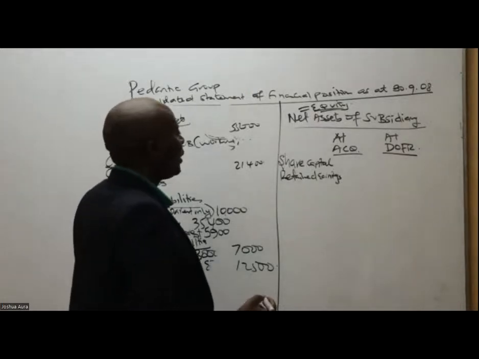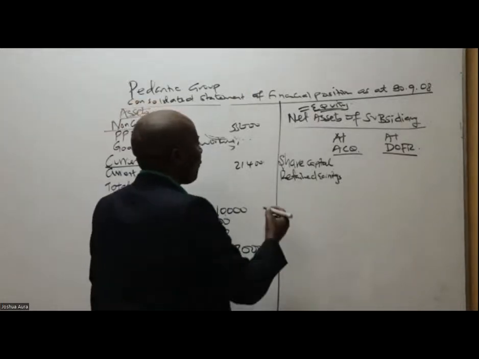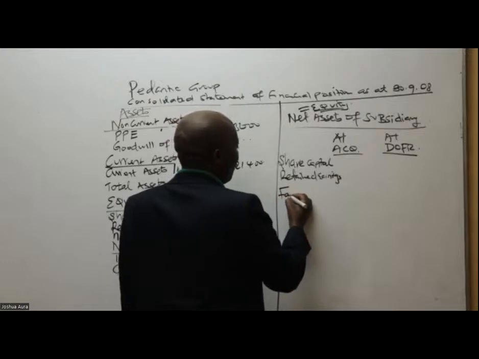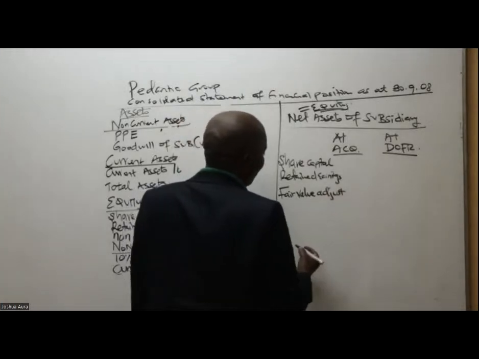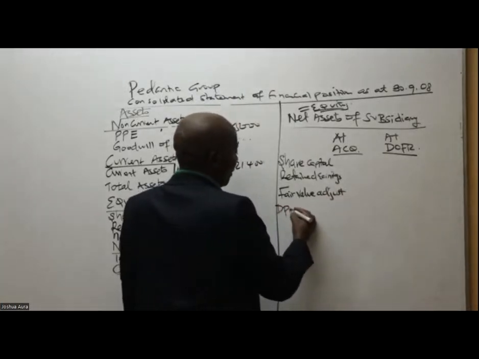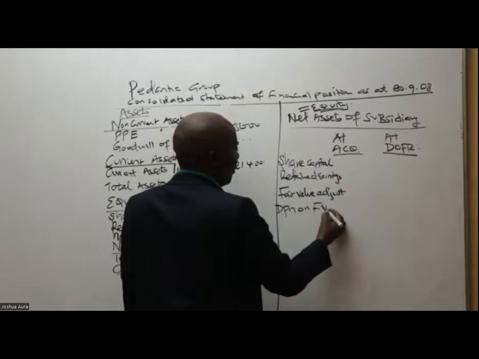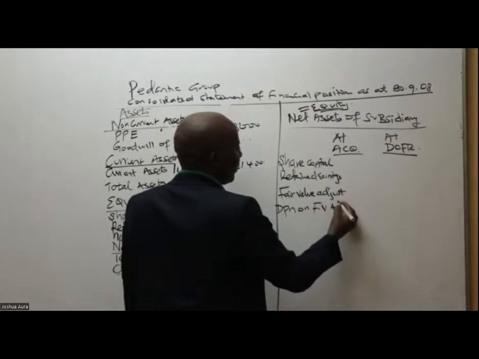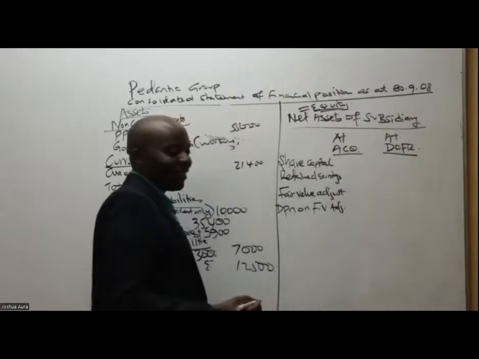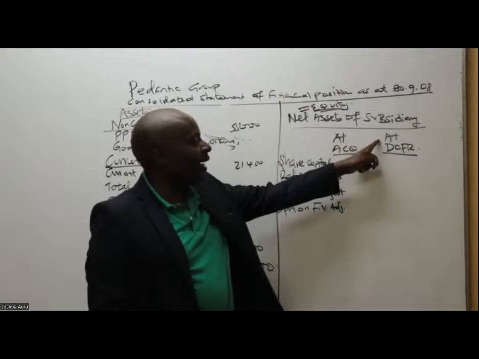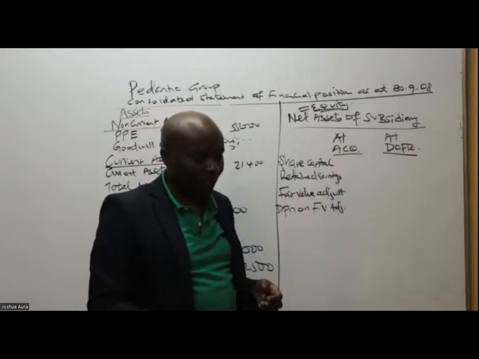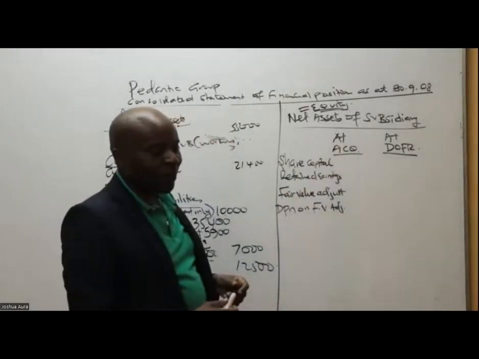Then we have fair value adjustments, and then the depreciation on fair value adjustment. Tell me if you have written up to here. Remember it is at acquisition and at the date of financial reporting.